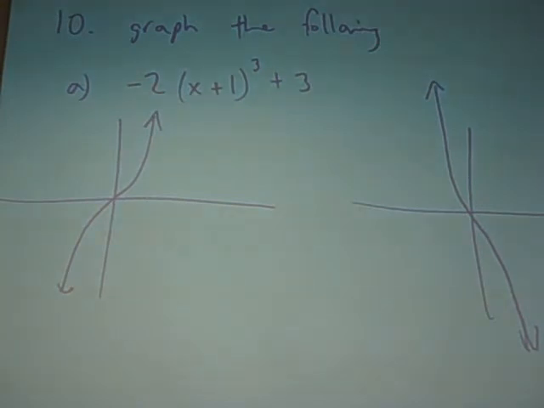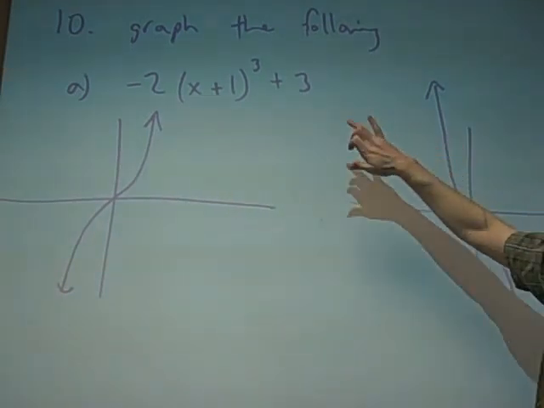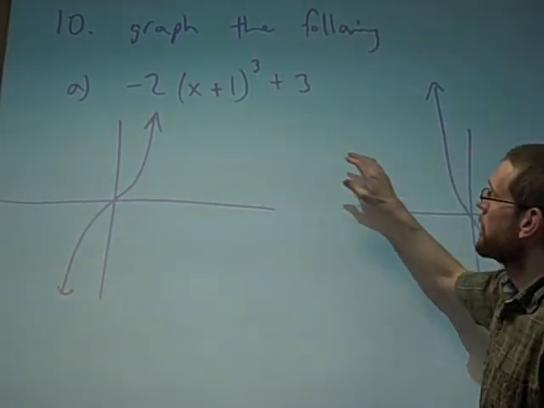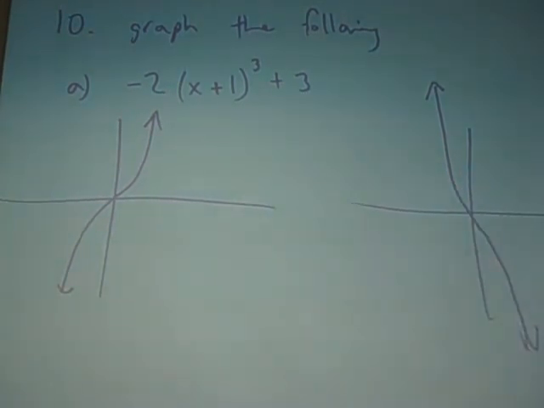So maybe that's multiplying by negative 2. And then plus 1 and the plus 3, this is going to be a vertical shift, so it's going to move it up 3, and this is going to be a horizontal one, and it's going to move it to the left. And so our final graph of this thing will be like this. If I can put this all together.